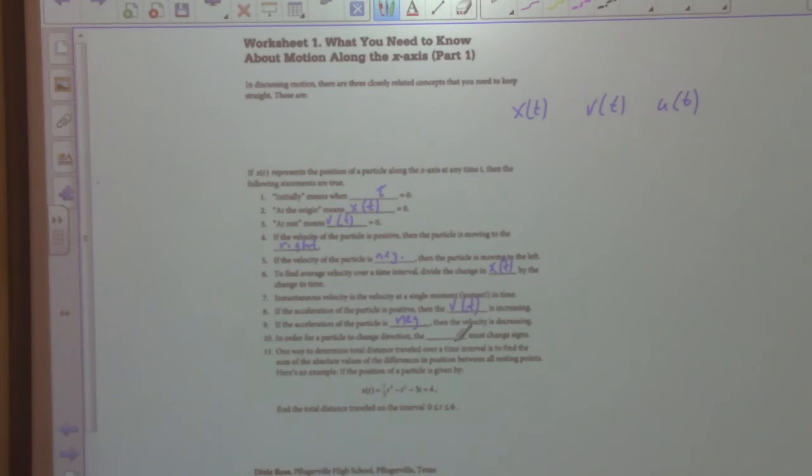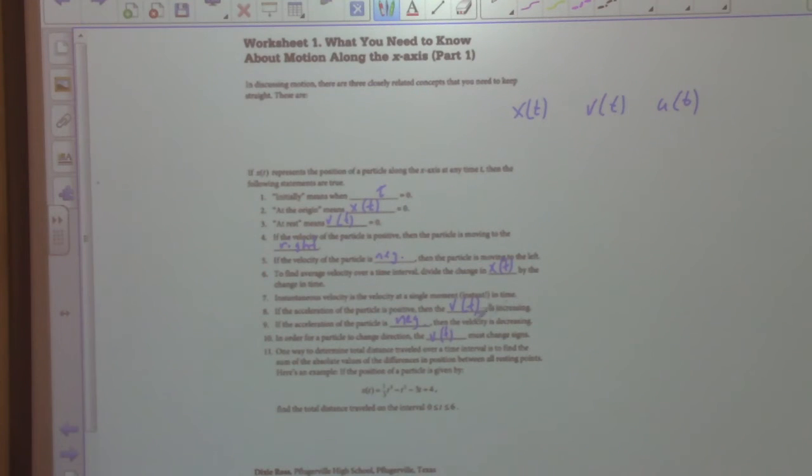In order for a particle to change direction, the velocity must change signs. The v of t will change signs. And one way to determine the total distance over time is to find the sum of the absolute value.